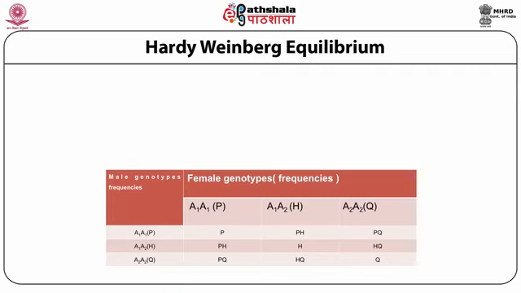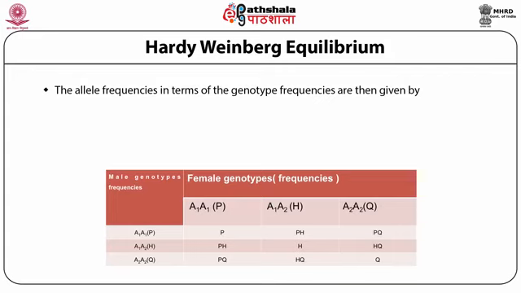Because all the alleles in the two homozygotes A1A1 and A2A2 are A1 and A2 respectively, and half the alleles in the heterozygotes are A1 and half are A2, the allele frequencies in terms of the genotype frequencies are then small p equals P plus half of H, where P is the frequency of genotype A1A1 and H is the frequency of genotype A1A2.